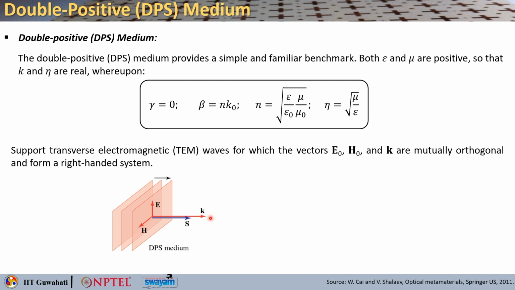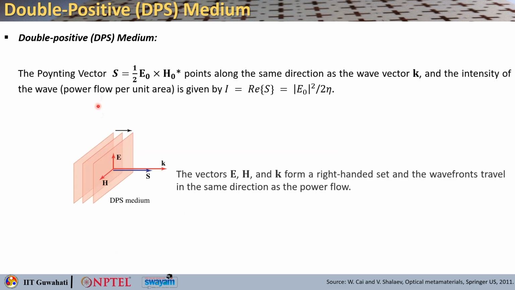So, that is the case for TEM, transverse electromagnetic wave, and they basically form a right handed system, okay. So, we also discussed the power flow. That is basically coming from the Poynting vector S. So, you can calculate the Poynting vector as half E naught cross product with H naught conjugate, okay.